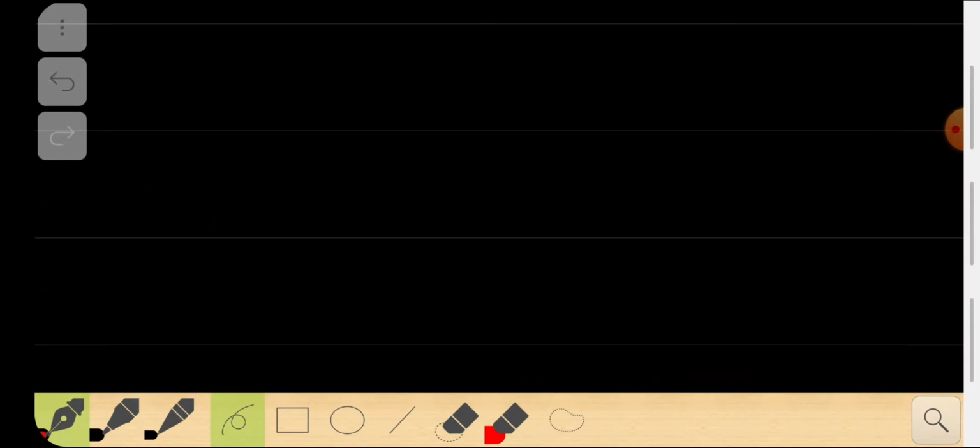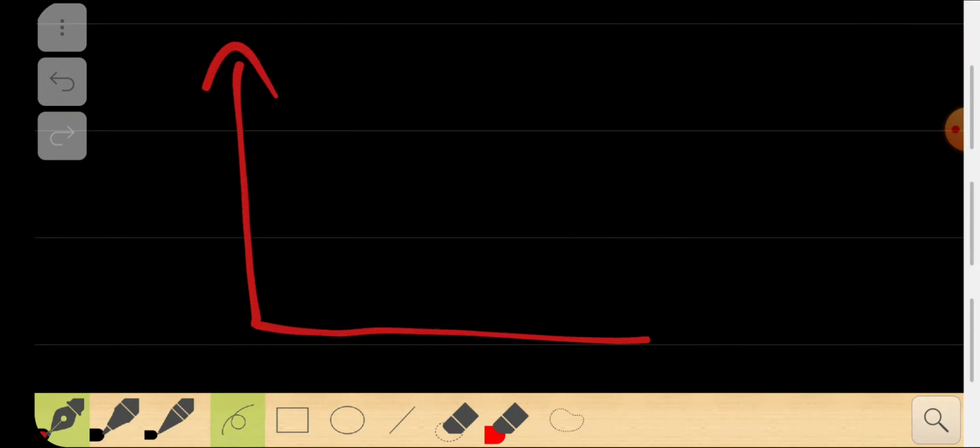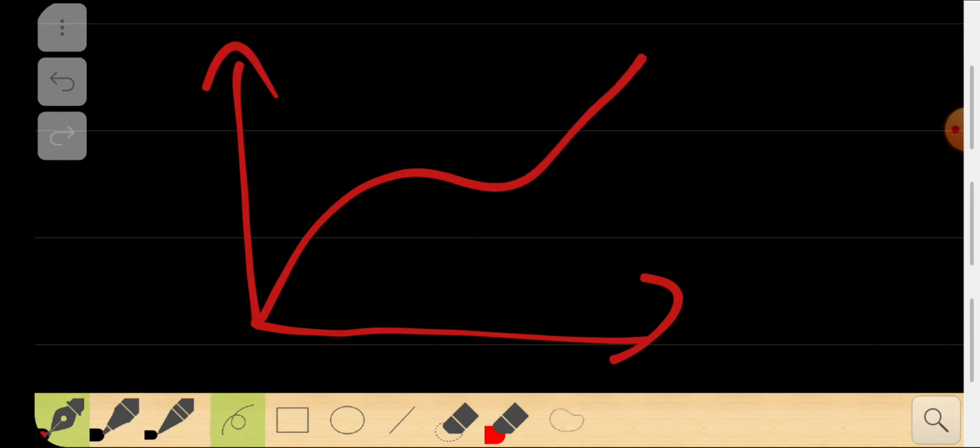Also, when you have a plot of displacement versus time, you can draw a velocity versus time graph using that.